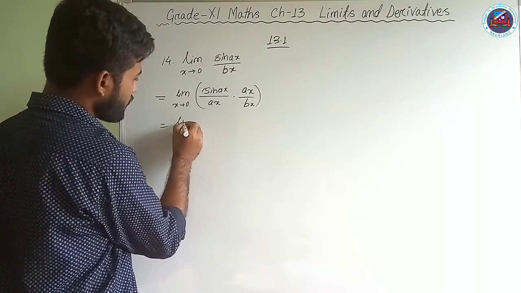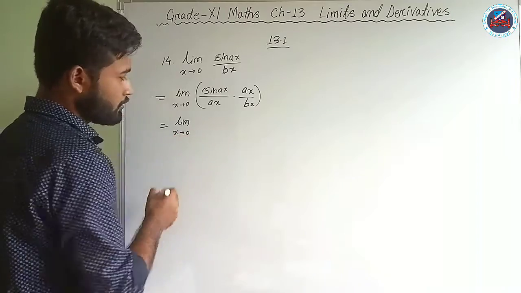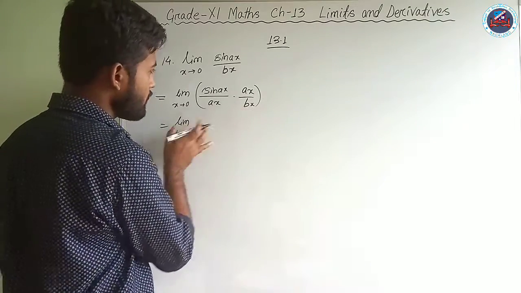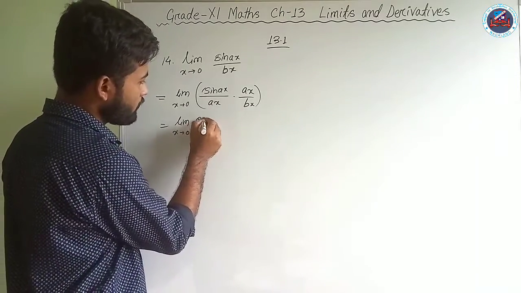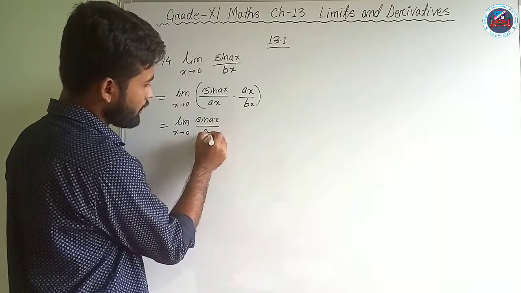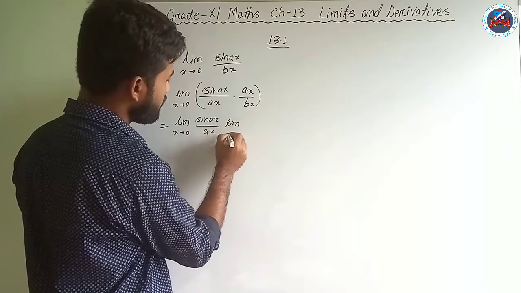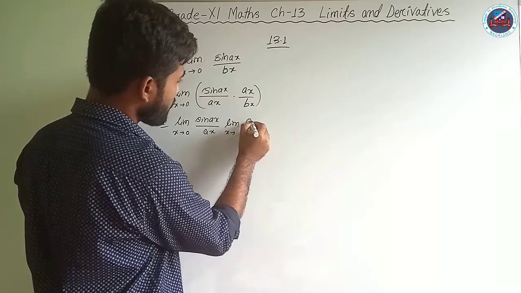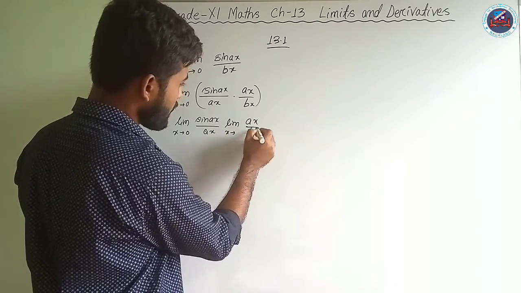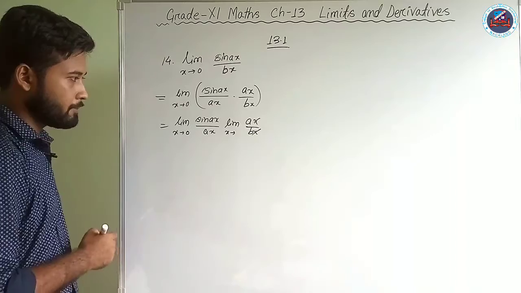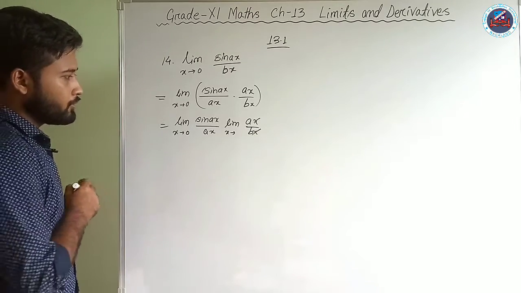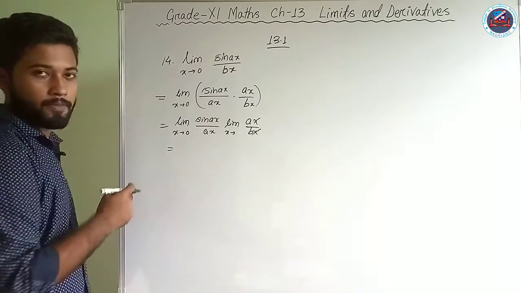Now this is equal to what? Limit x tends to 0 using the algebra of limits, since it is in the product form, I can write sin of ax divided by ax into limit x tends to 0 of ax by bx. I can cancel out the x and x because these two are same. Now what is this?